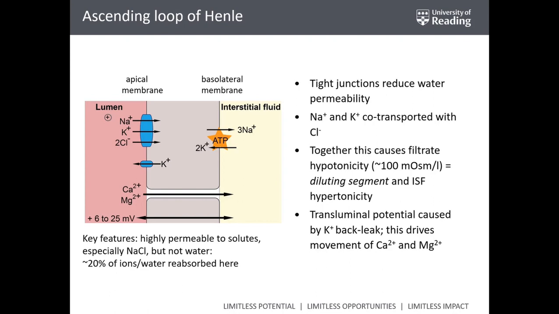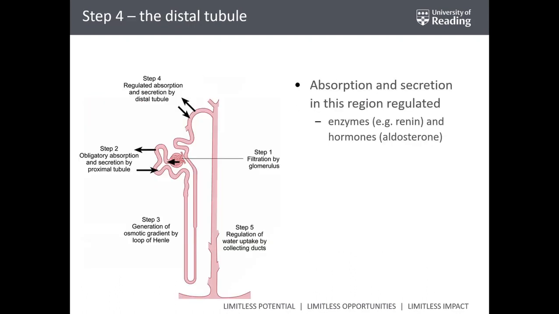The key features of the ascending loop of Henle is that it's highly permeable to solutes, especially sodium and chloride, but not water. Okay? So this is very important. More or less 20% of ions and water are reabsorbed into the ascending loop of Henle. We will go back to the loop of Henle.